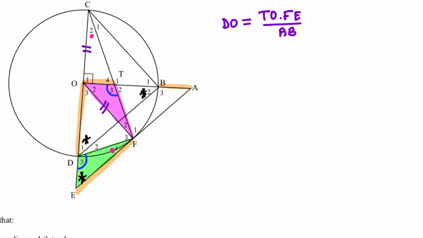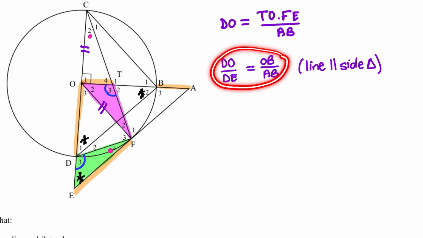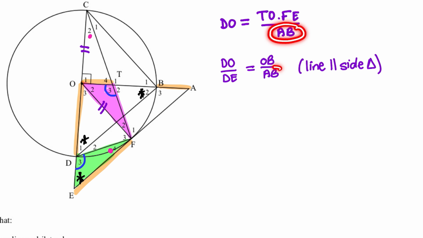So I can say that DO over DE is equal to OB over AB. And the reason is line parallel to the side of a triangle. Obviously, we want to find DO, and I already have the AB in my denominator.